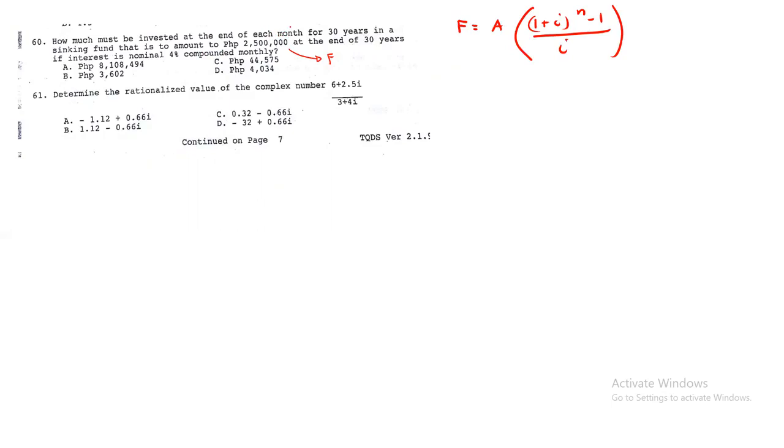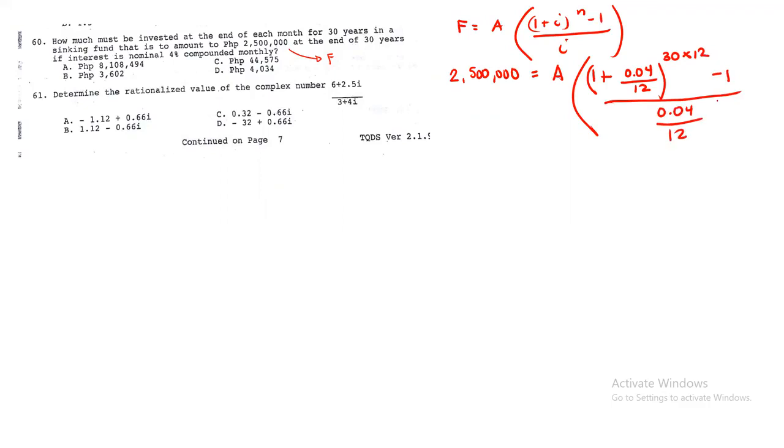Ano yung interest natin dito? Ang interest natin is compounded monthly, then yung hinahanap is the payment at the end of each month. So, pares na monthly sila. Yung interest natin, substitute na lang. Hindi na natin kailangan i-convert. So, future value is 2,500,000 is equals to annuity times 1 plus interest rate na 0.04 divided by 12 dahil monthly, raised to 30 times 12 dahil monthly, minus 1, divided by 0.04 divided by 12.